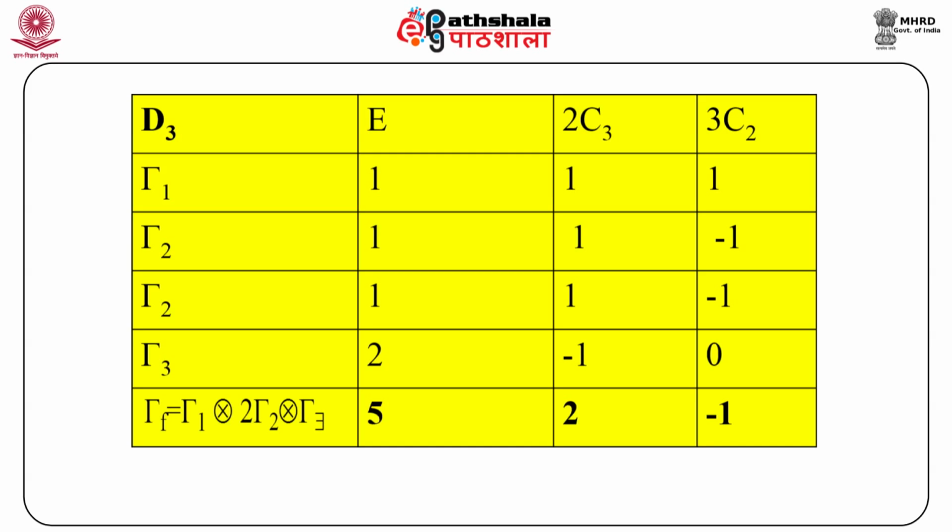Under C3 we have 1, 1, 1, minus 1. If added together it is 2. Under C2 it is 1, minus 1, 0, minus 1. If they are added together it is minus 1. Thus tau F is equal to tau 1, 2 tau 2 and tau 3.